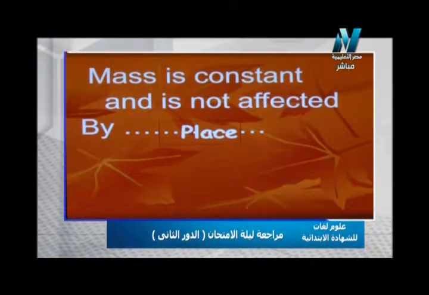So the mass doesn't change, because mass doesn't depend on the place. Mass has nothing to do with changing the place. So mass is a fixed or constant value. If your mass here on the earth is, for example, 40 kilogram, your mass on the moon will be 40 kilogram. Your mass on any planet in the universe will be 40 kilogram.